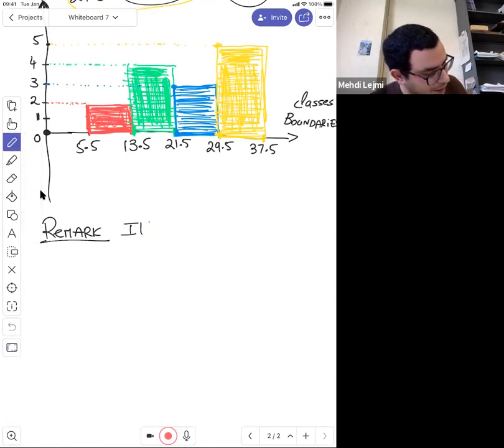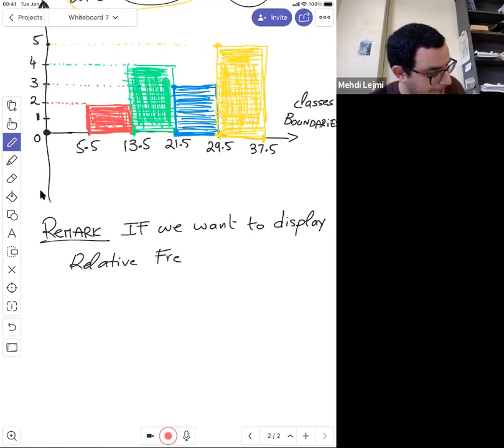So if we want to display relative frequency, then the idea is the same. It's just that on the vertical axis, you're going to put your relative frequency instead of the frequency, right?